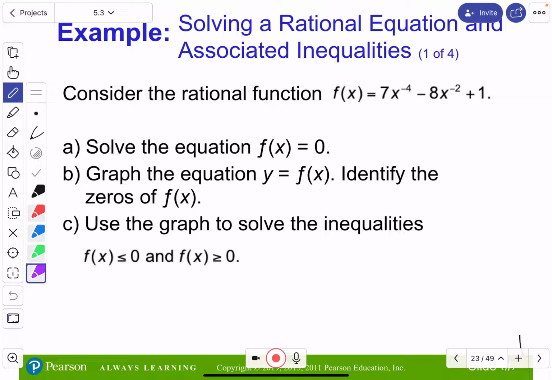All right, so solve this. Now we're looking at things that seem similar, but they're a little bit different. So now we have negative exponents. A negative exponent makes everything move to the bottom. So to do this, we're going to solve the equation f of x equals 0.